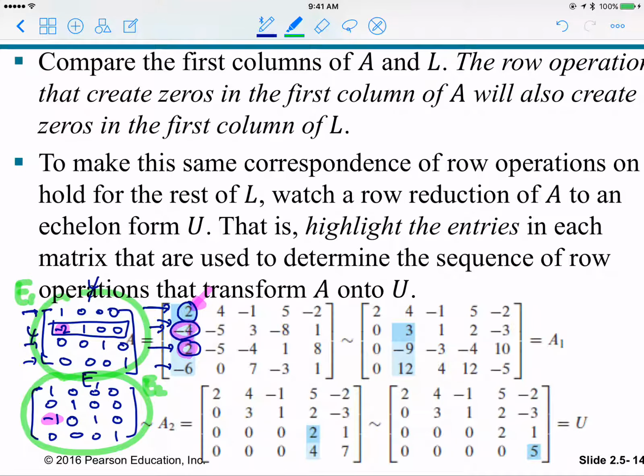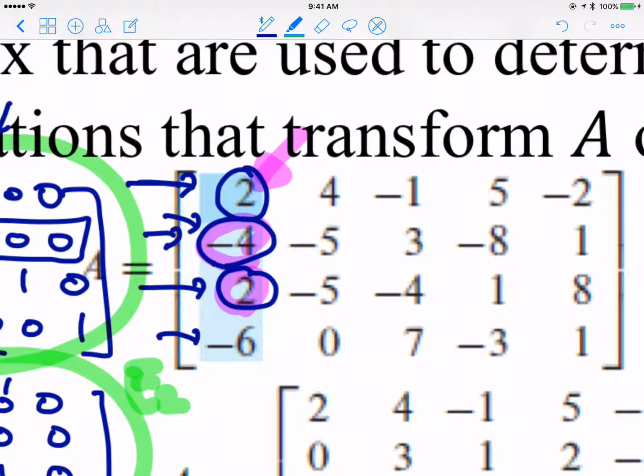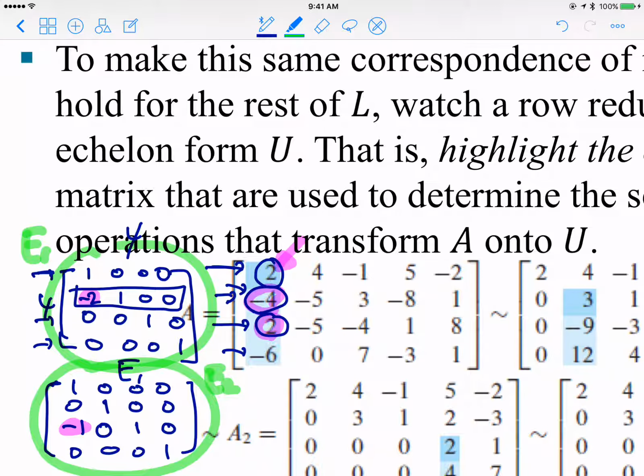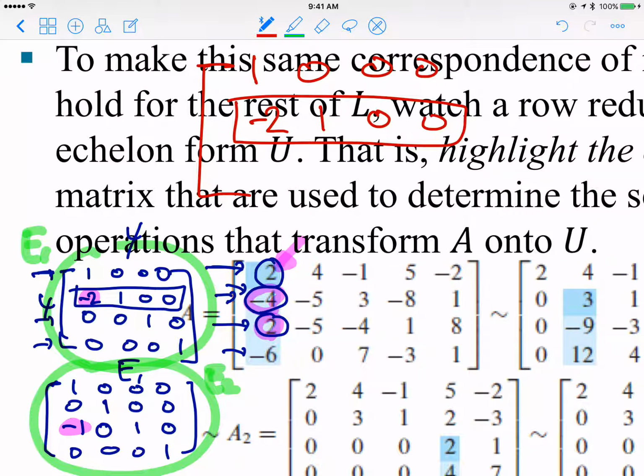I wish I had more space. How about this? I'm going to give you the answer. One zero zero zero. Sorry about the mess. What is the second row? It's -2 1 0 0. And the third row is -1 0 1 0, and then 0 0 0 1.